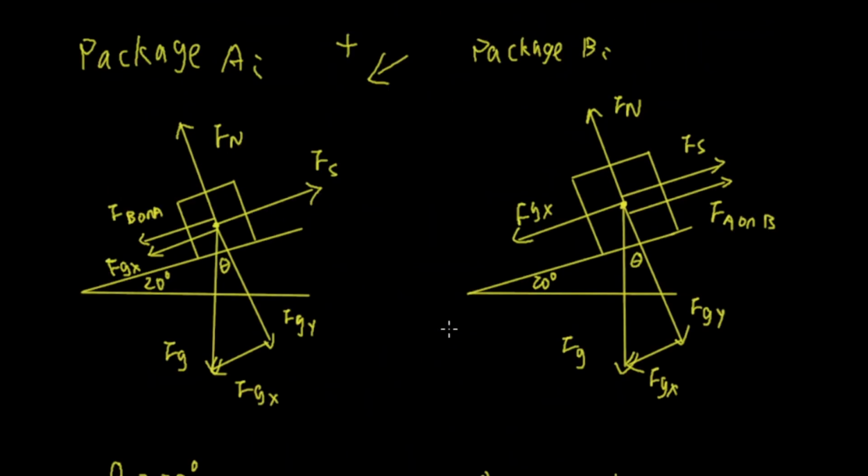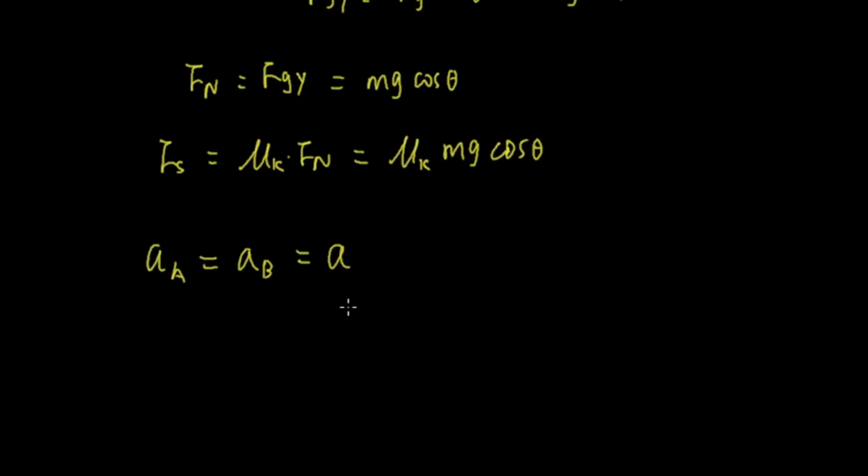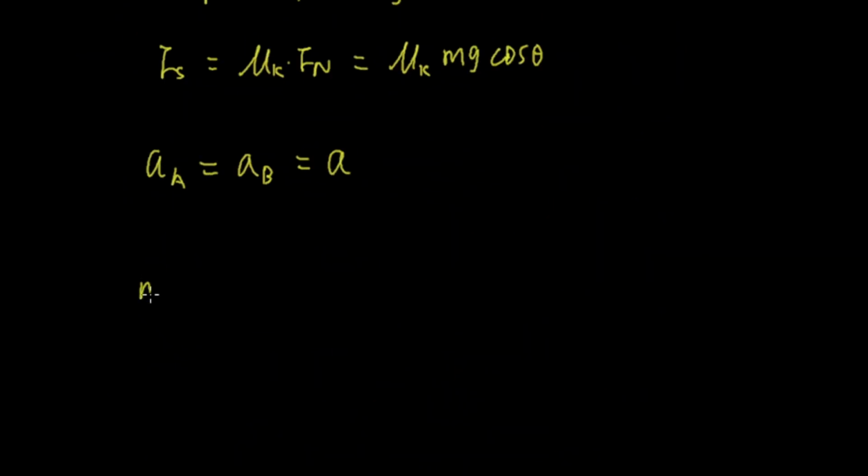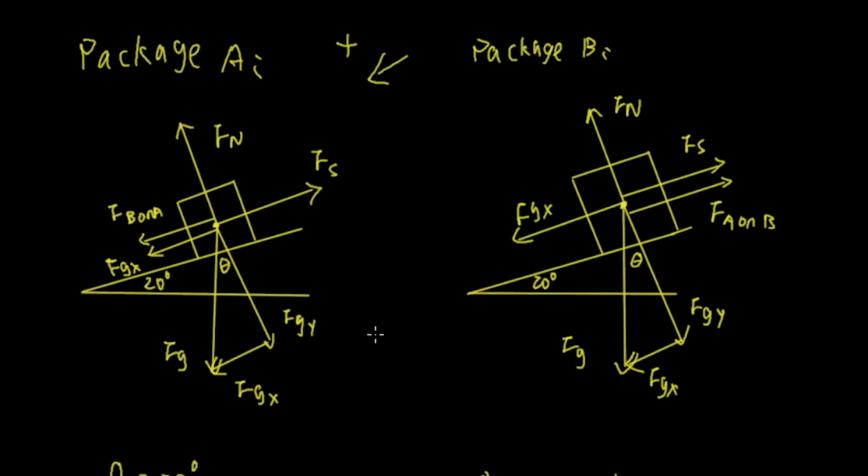Now, let's write all the forces. Let's write an equation of all the forces acting on package A in the horizontal direction. Now, first of all, mass A times acceleration is equal to the sum of these two forces minus the friction force, right?